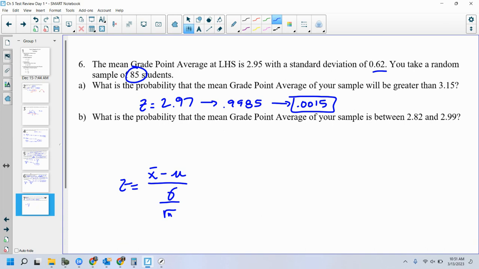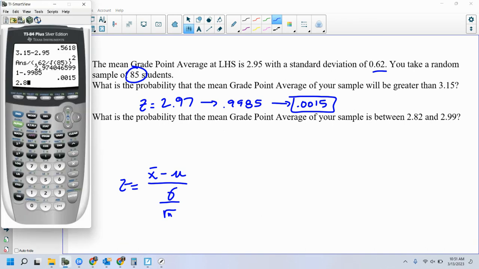And then part B, what is the probability that the mean GPA of your sample is between 2.82 and 2.99? So let's find the z-score for each. So I've got 2.82 minus 2.95 divided by, and this is where we got, oh, you know what I'm going to do? I'm going to do this so I don't have to retype everything.